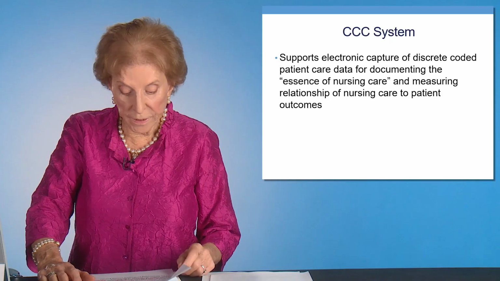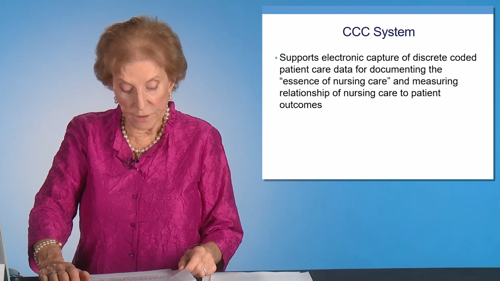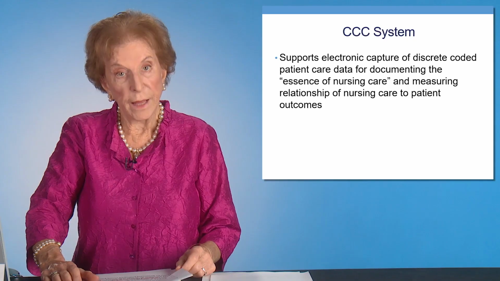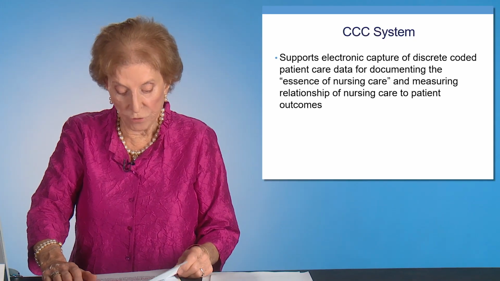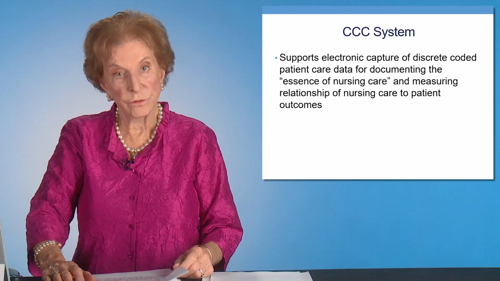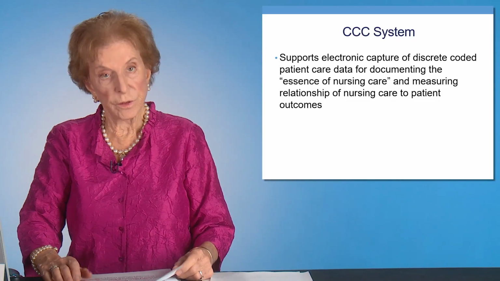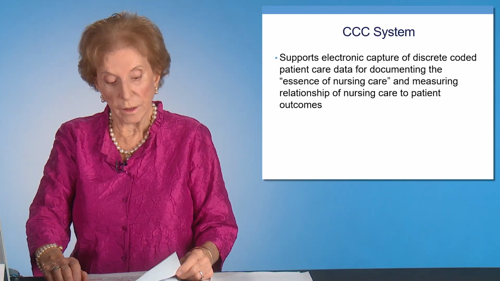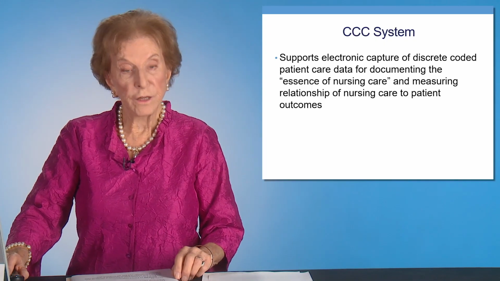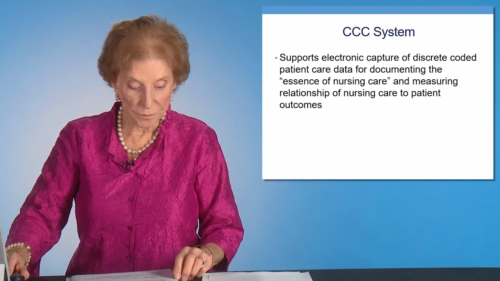The first part are the coded standardized terminologies for documenting nursing practice, and the second part is an information model or knowledge representation that outlines the 6 steps of the nursing process for documenting professional nursing practice. It is more than just a language.